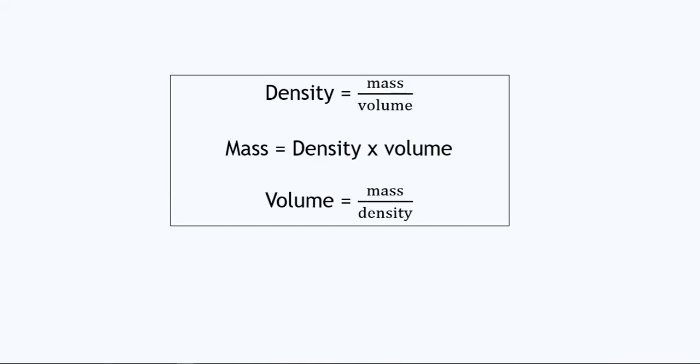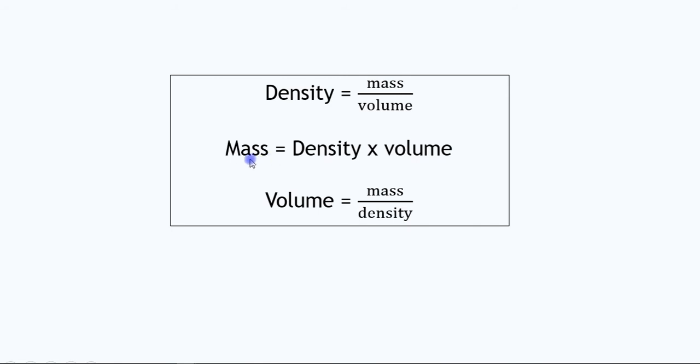When we are given the mass of a body and its volume, we can calculate its density using the formula density is equal to mass divided by volume. However, this formula can be rearranged to calculate the mass of a body given its density and its volume.